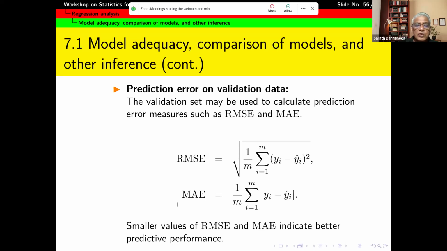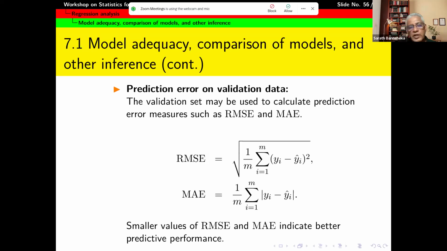And the other quantity is called MAE, mean absolute error. So y_i minus y hat is the error. When you consider the absolute value, this is always positive. So you are adding them and dividing by the number of terms in the model, the number of y values in the model. That gives you the mean absolute error.